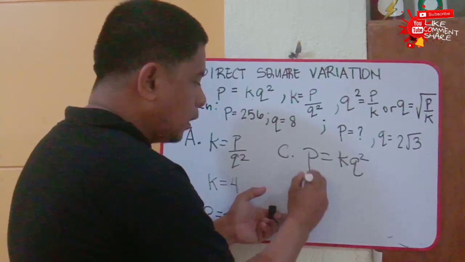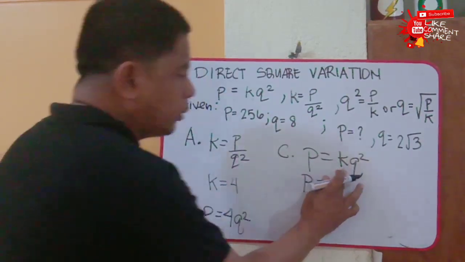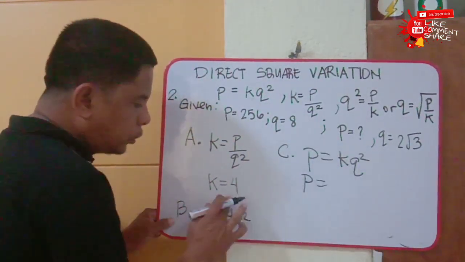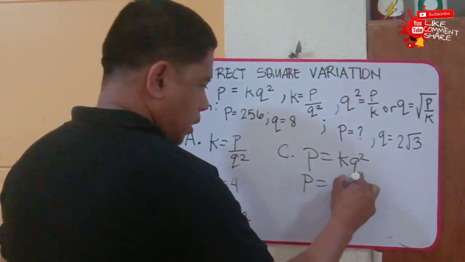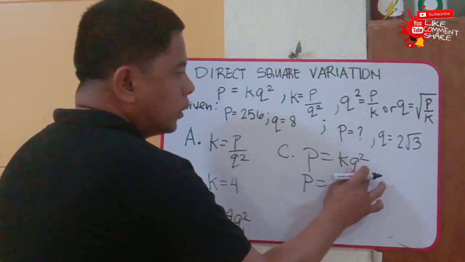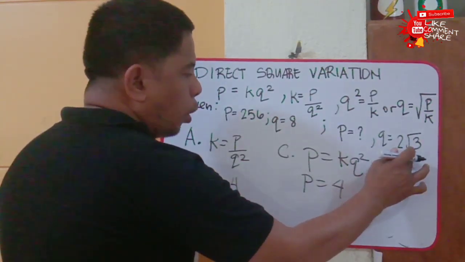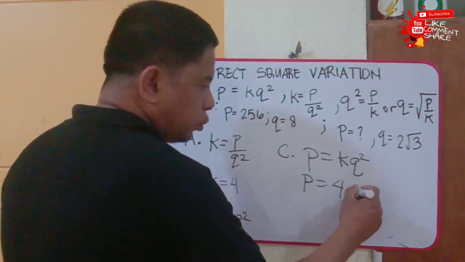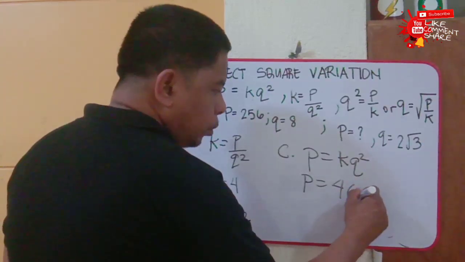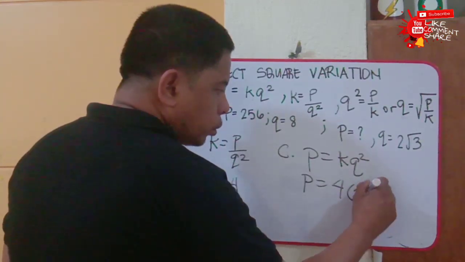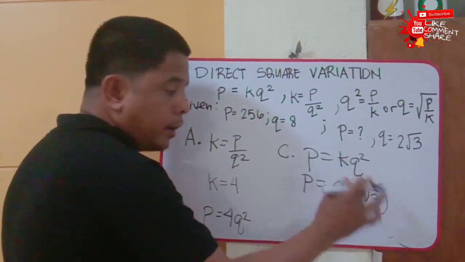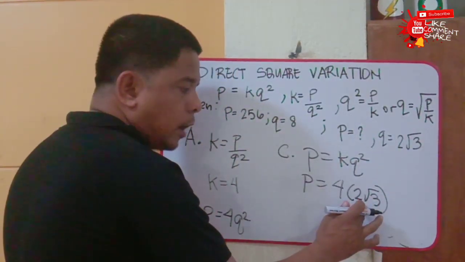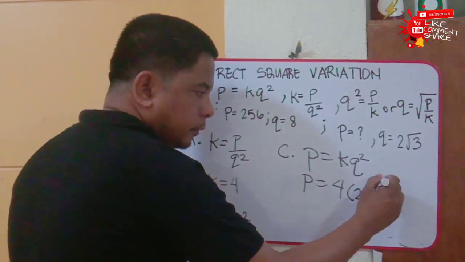So, ano yung value ng K or what is the constant? So, K equals 4. Then, Q, that is 2 square root of 3. So, substitute lang. Kaya lang, ang Q natin ay may square, kaya lalagyan din natin ng square ang 2 square root of 3.